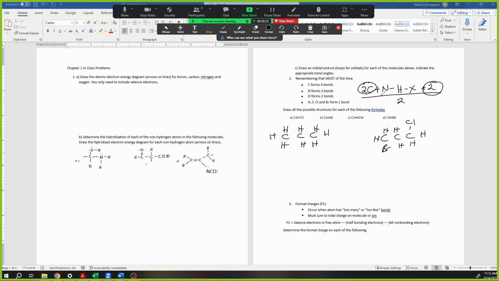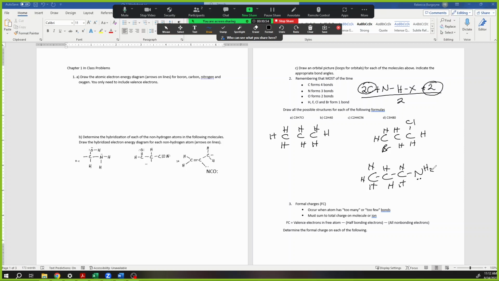And then nitrogen, if we add in a nitrogen here, carbon, carbon, carbon, nitrogen. Okay, these are all connected. Nitrogen has a lone pair. So if it's already connected once, it's just going to need 2 hydrogens.